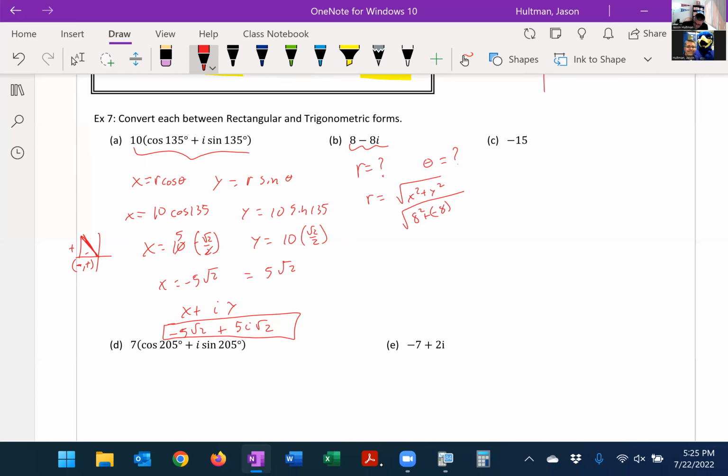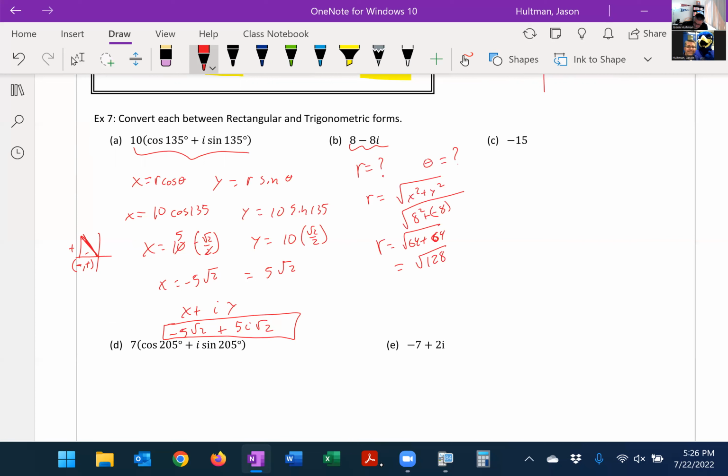So r is going to be the square root of 64 plus 64. Notice that I have two 64s there. That's the square root of 128.